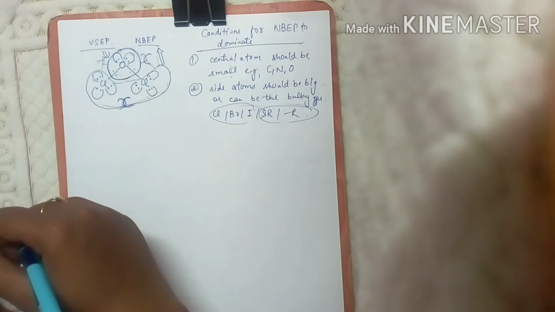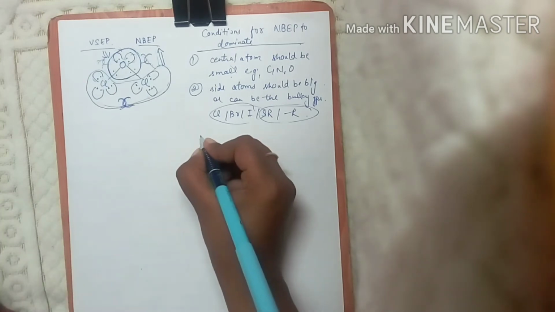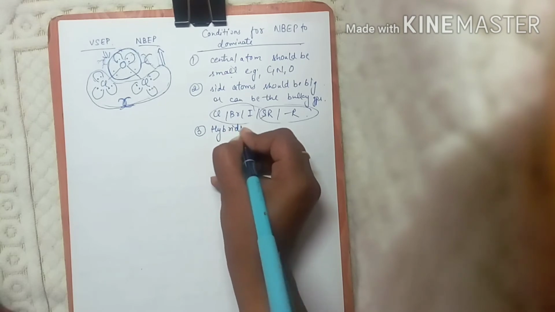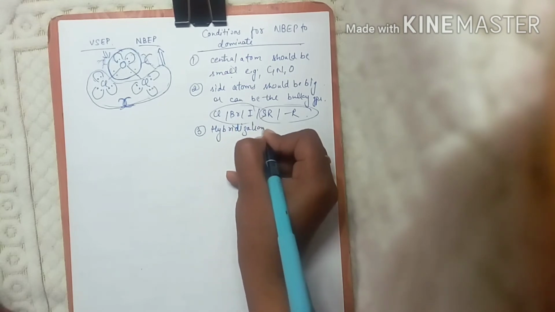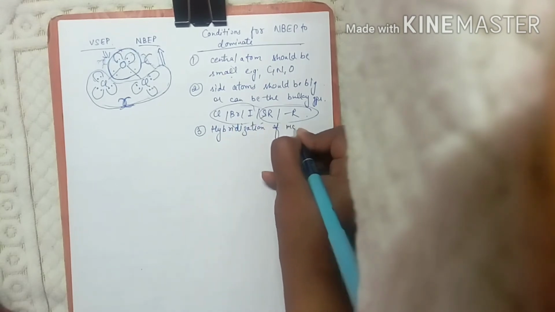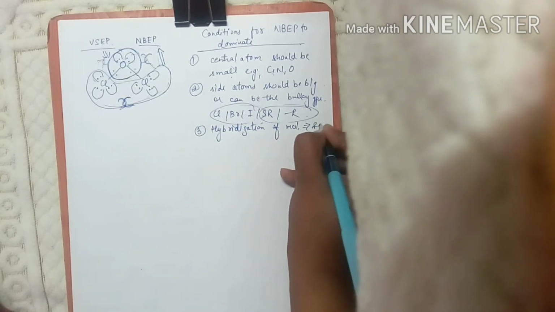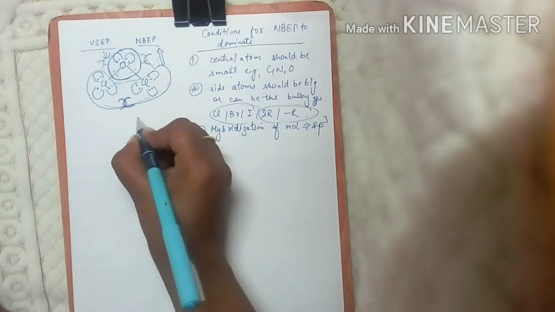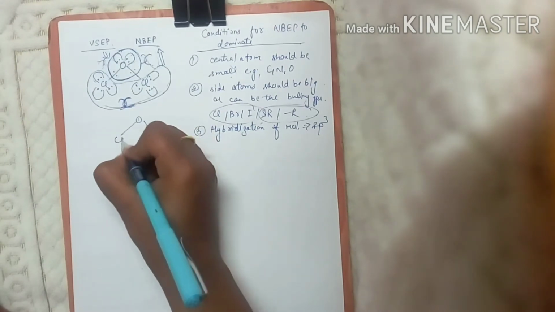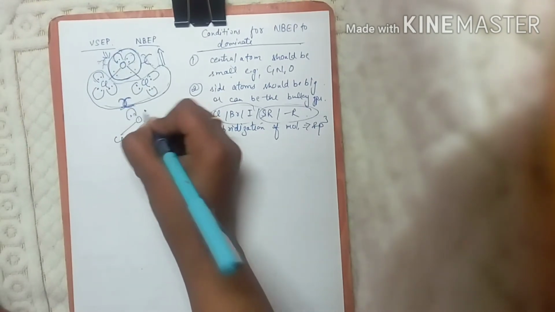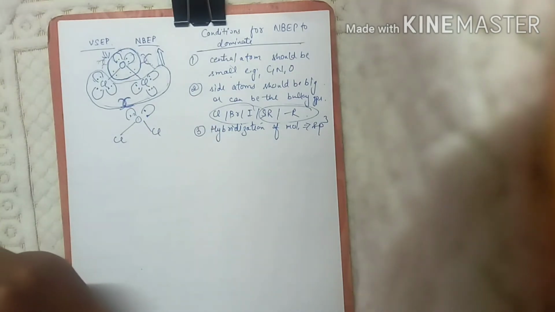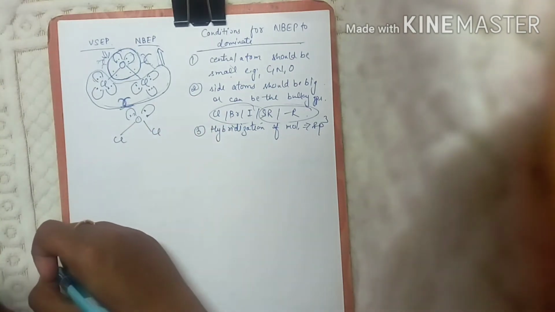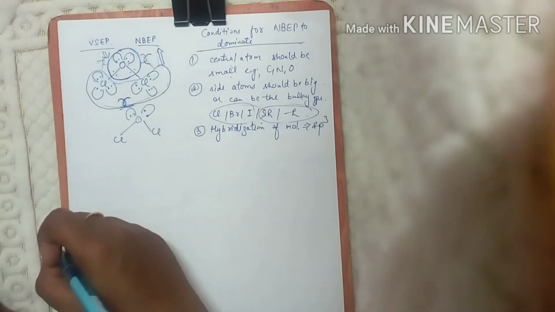Okay, this is the second condition, and the third and last condition is that the hybridization of the molecule should be sp3. The molecule should be sp3 hybridized. For example, in case of this OCl2, this is sp3 hybridized. Okay, geometry is tetrahedral. The shape is bent but the geometry is tetrahedral.